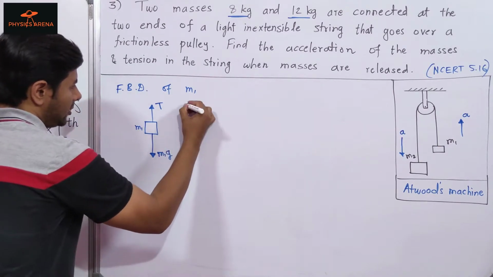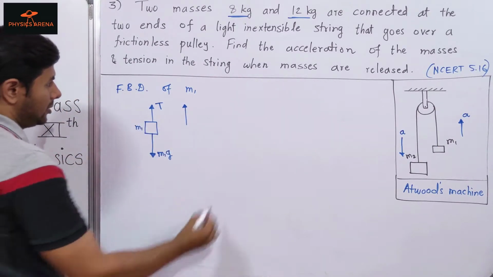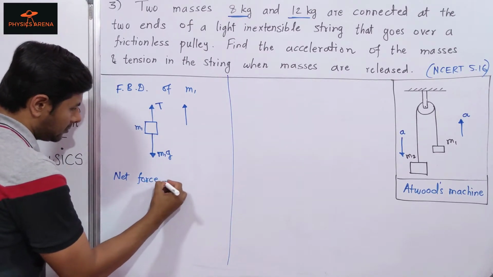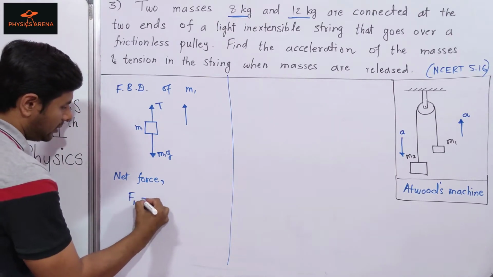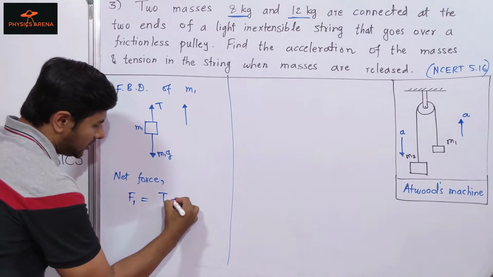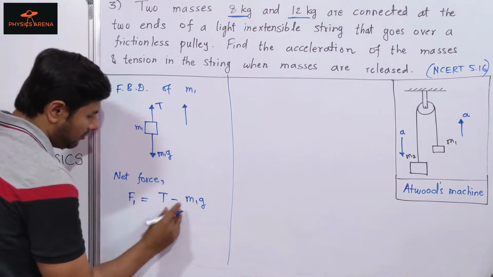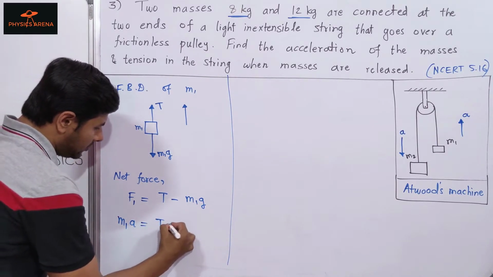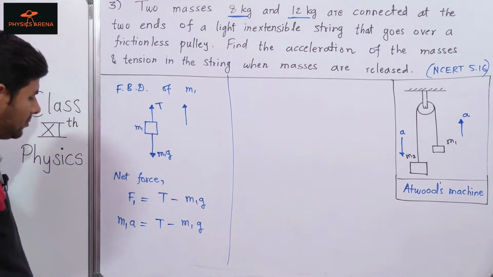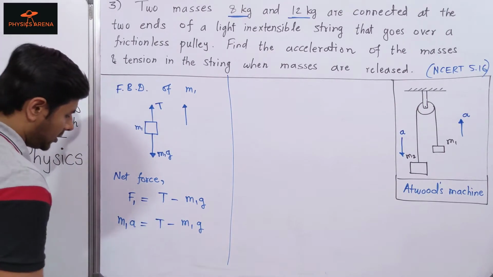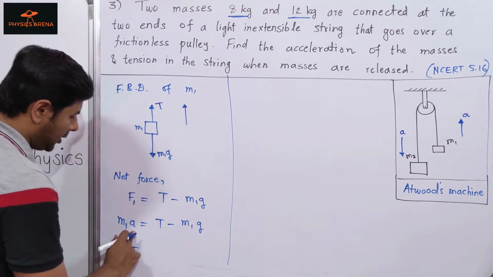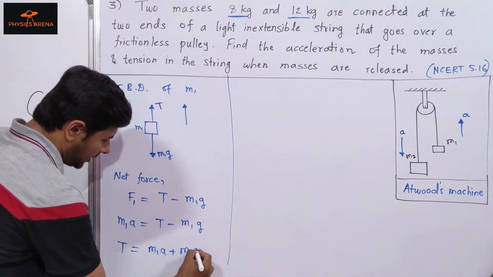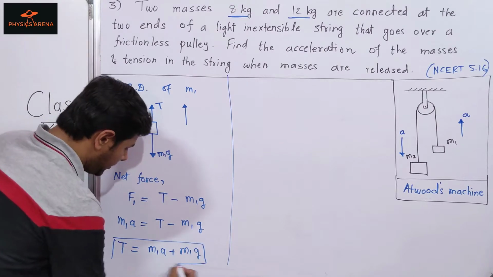So the net force is going to be in the upwards direction. Therefore we can write net force F1 is equal to the upwards force, which is T, minus the downwards force, which is m1 times g. So F1 is m1 times A, which is equal to T minus m1 times g. If we take m1 times g to the other side, we get T equals m1 times A plus m1 times g, and I can call this equation number 1.